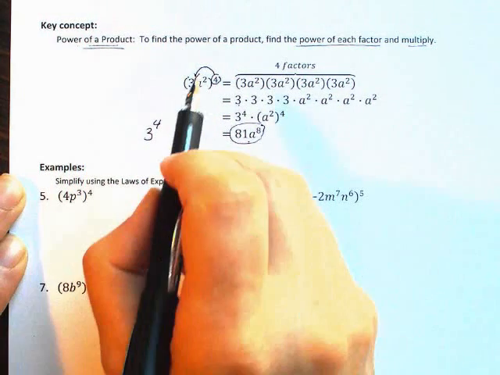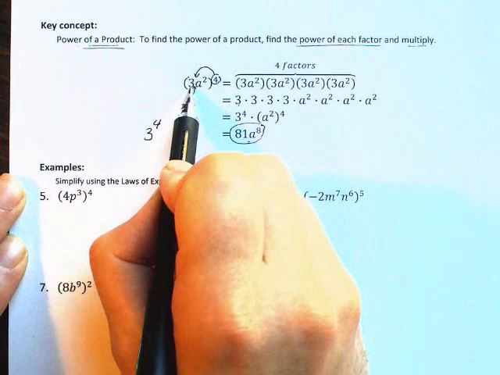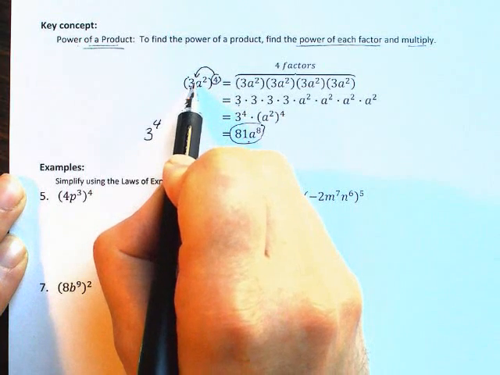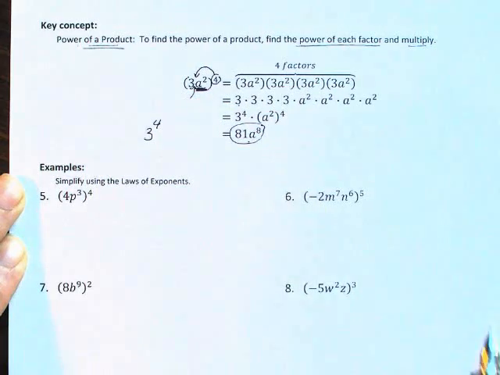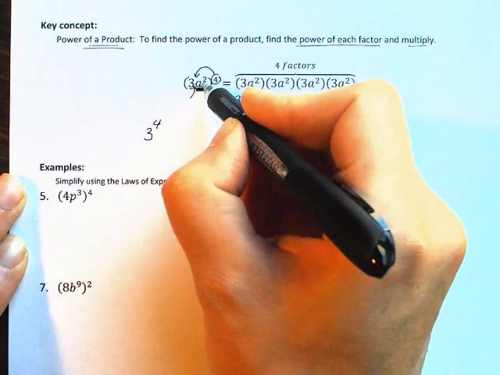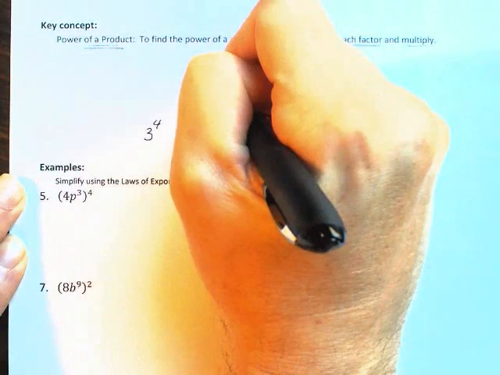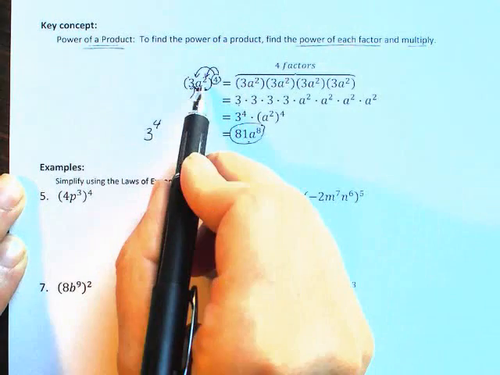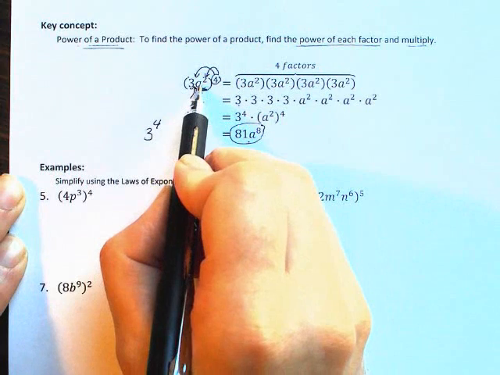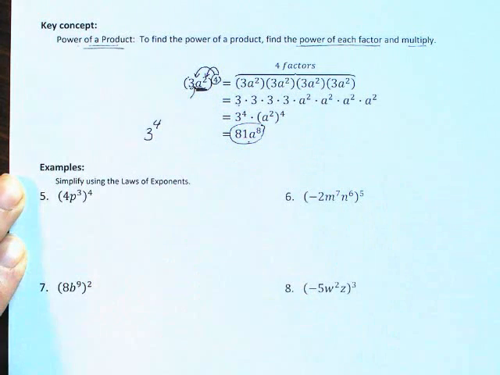Okay. Now, what's the next factor in the parentheses after the 3? It's a squared. Then I want to take that a squared and also assign that exponent of 4 to it. So I want to take the a squared and raise it to the 4th power. That's what the previous concept in the video is about, how you do that.